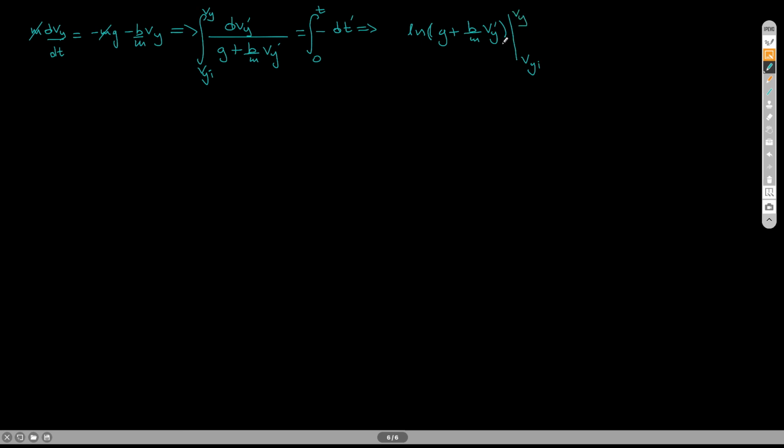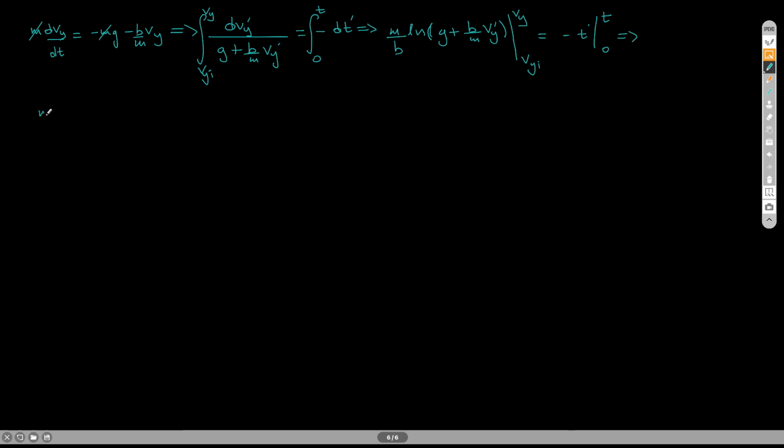You can also use substitution to see this, but because this is a function of a function, when you take the derivative of this, you do have a factor of b over m, so I will need to multiply this with m over b. If you're not comfortable with this, feel free to use substitution to see how that shows up. And then this is equal to minus t prime from 0 to t.